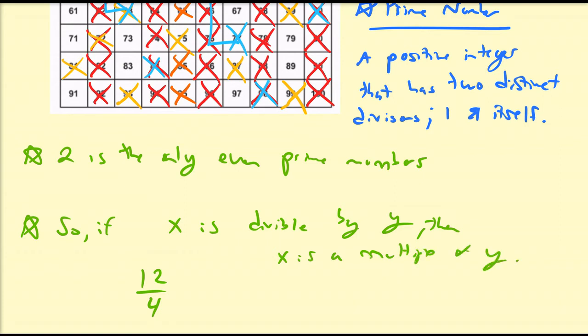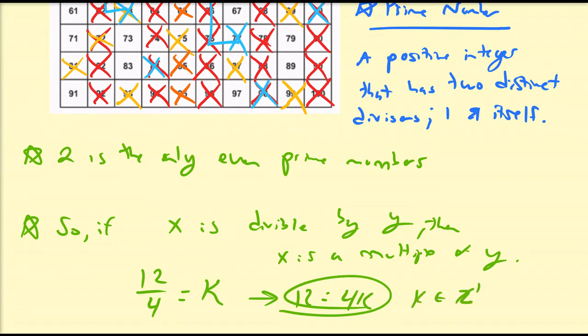If 4 divides into 12 evenly, that means this is some integer k. So 12 is equal to 4k. So clearly 12 is a multiple of 4, provided that k is a positive integer. Of course it can be negative, but we're just focusing on the positive case here.